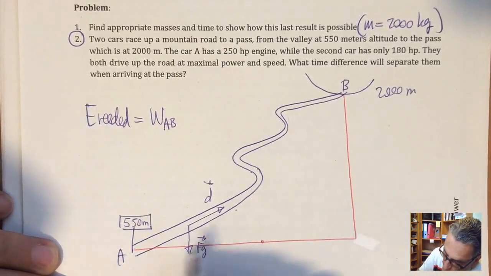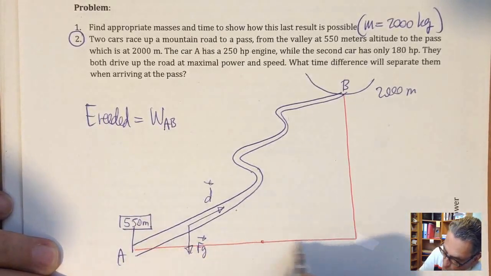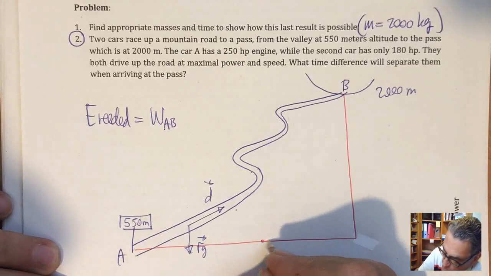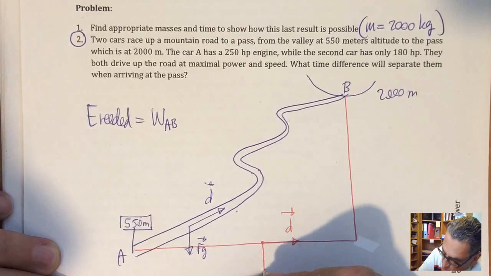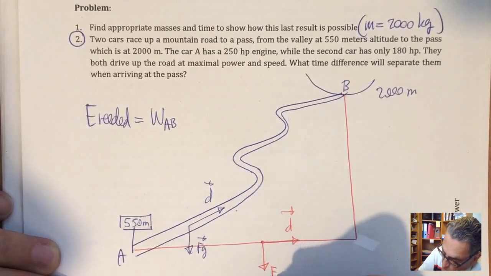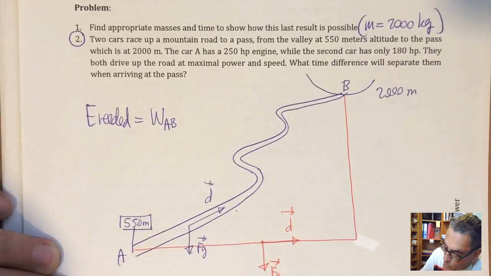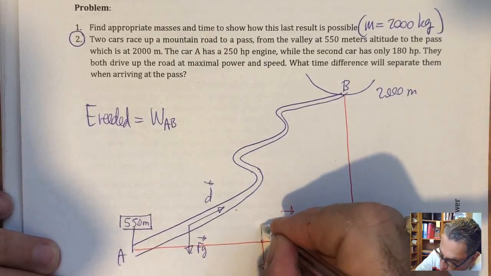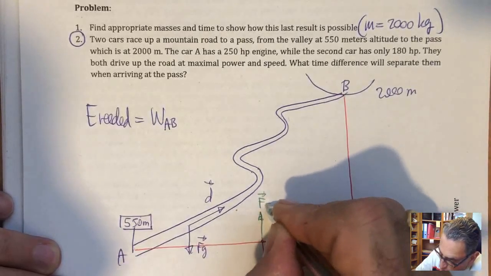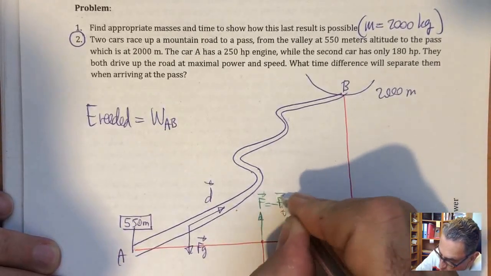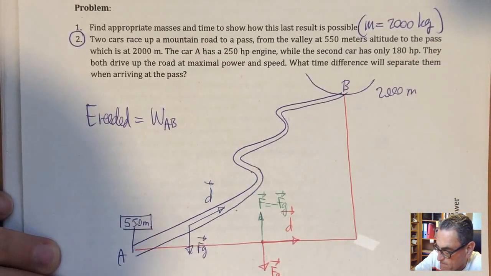What happens in this horizontal section of the road? In this horizontal section, the displacement is horizontal, the gravitational force is downwards, and the force we need to exert on the system to make it go up is a force here which is minus the gravitational force. Okay?